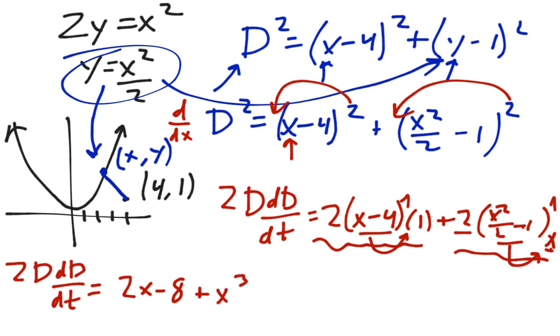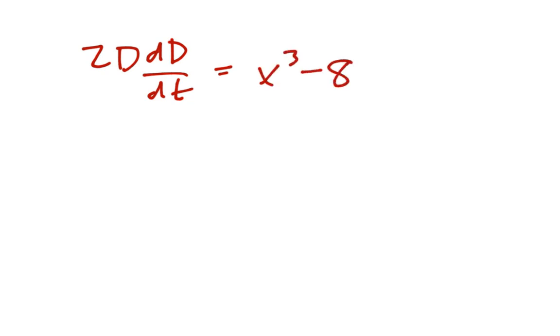And then I have a minus 1 times 2 and x is a minus 2x. And so this actually simplifies very nicely. The 2x's cancel, and I'm basically left with this equation. 2d, no, I'm not done yet, 2d dd/dx, that's important. 2d dd/dx equals x cubed minus 8.